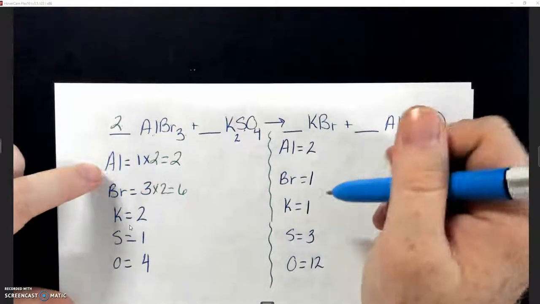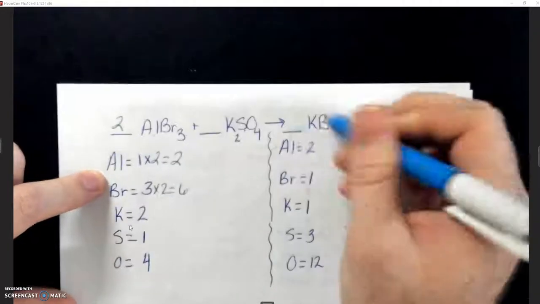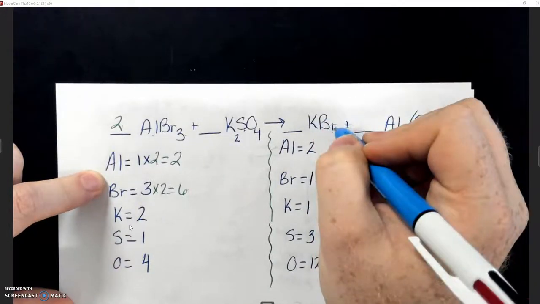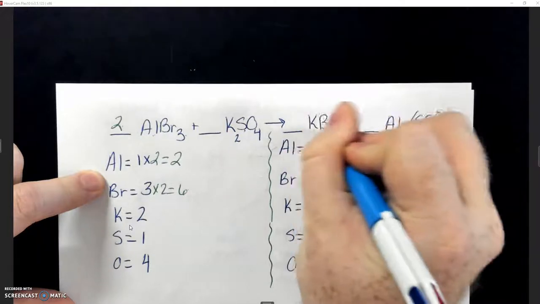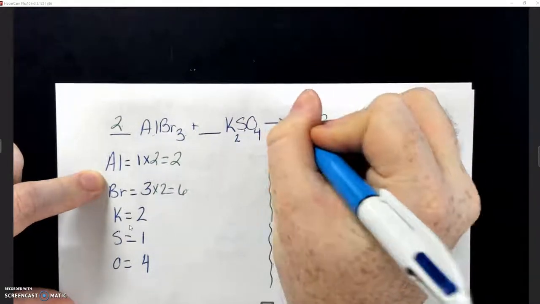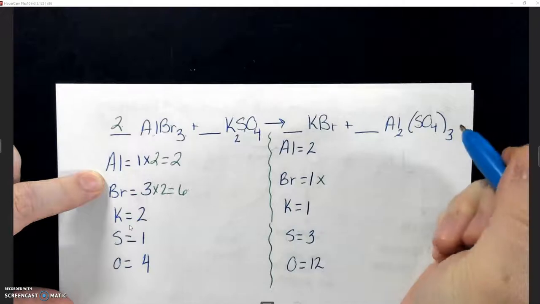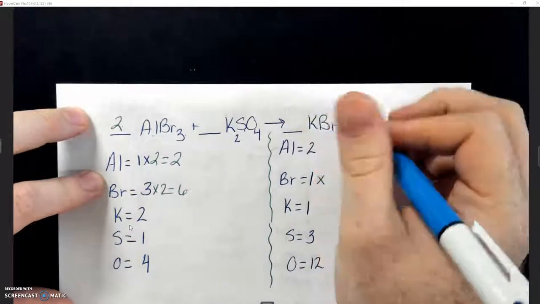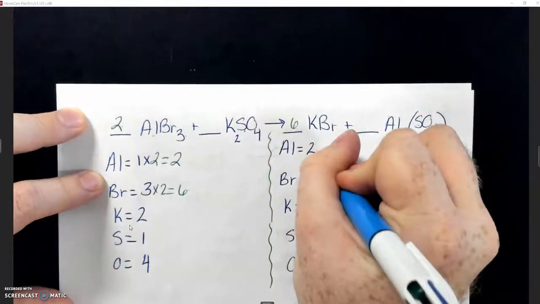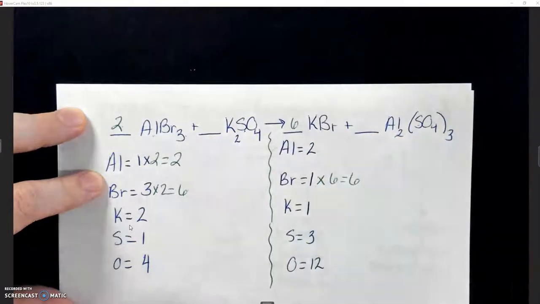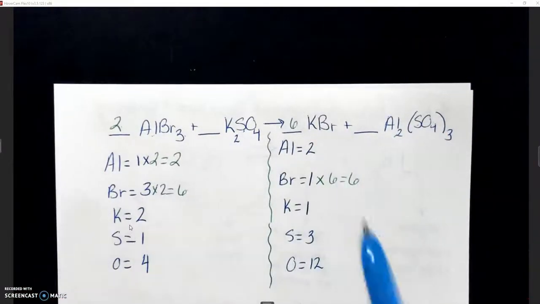I have 6 on this side and 1 over here, so I need to add to this side. And the place to add bromine is going to be up here. So what number can I stick out in front that will multiply by 1 to get to 6? Well, obviously it's going to be 6. So 1 times 6 is 6. The bromines are balanced.